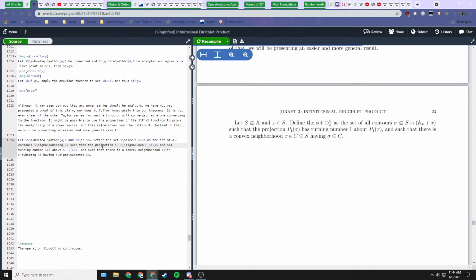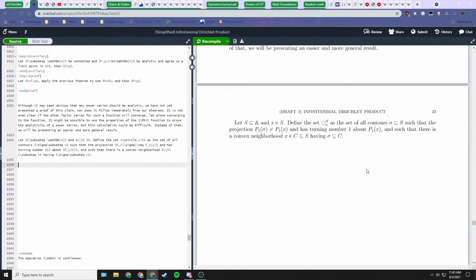We could frame it a little more explicitly like this, but essentially it's the same idea. It's a contour in S which never overlaps X on this first projection, and it takes a full positive counterclockwise loop around X. And then this last condition is that we want this loop to have this convex neighborhood C that it stays in. So we're going to have a proof here that we're probably going to put into an appendix, but we'll just do it here for now.